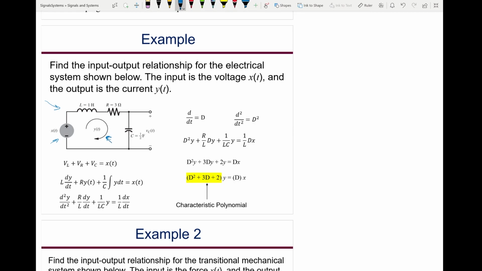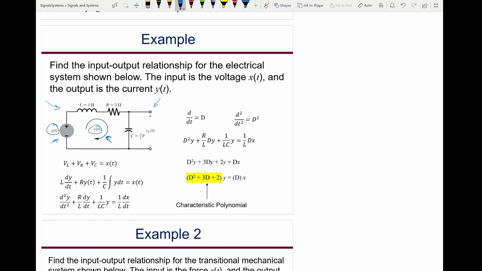So now I need to model this system. That means I need an equation that will relate the input x of t to the output y of t in terms of the parameters of the system, in this case the inductor, resistor, and capacitor. One way to solve it is to use KVL, Kirchhoff's voltage law.